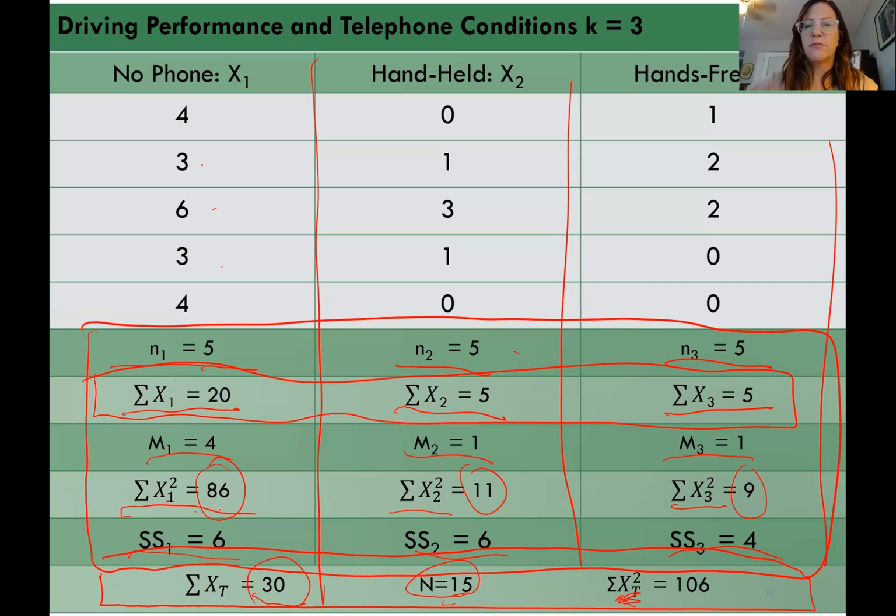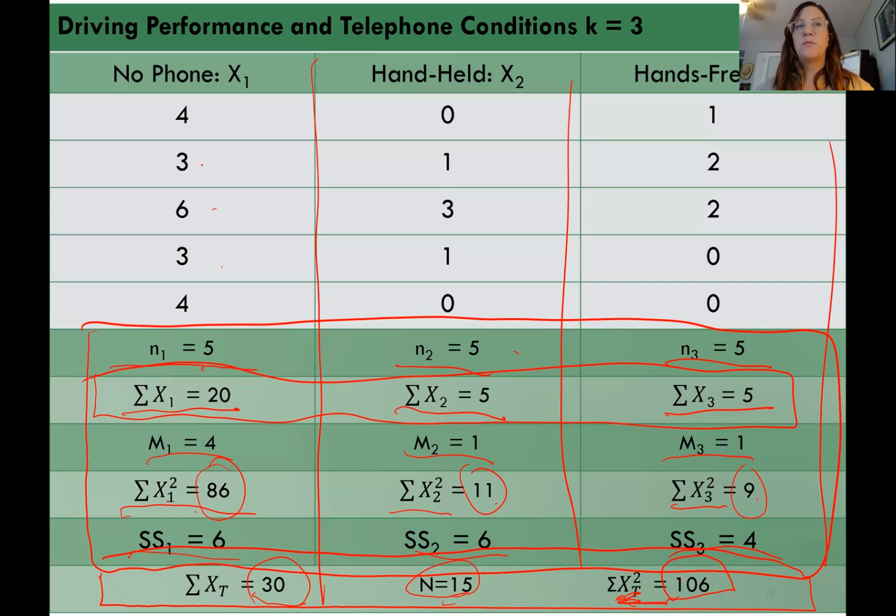So 86 plus 11 plus 9 is 106. This is where it's important to use notation and write each little component down so you can just start plugging things in, because you're going to be using things in different equations multiple times.